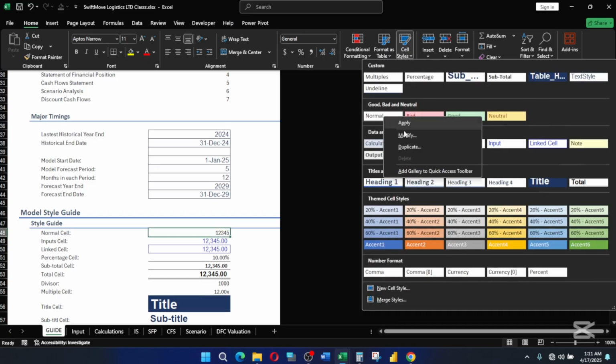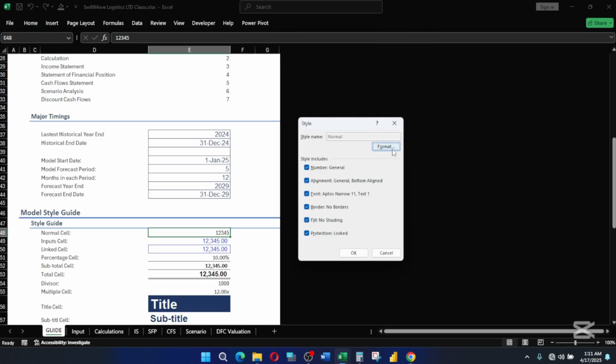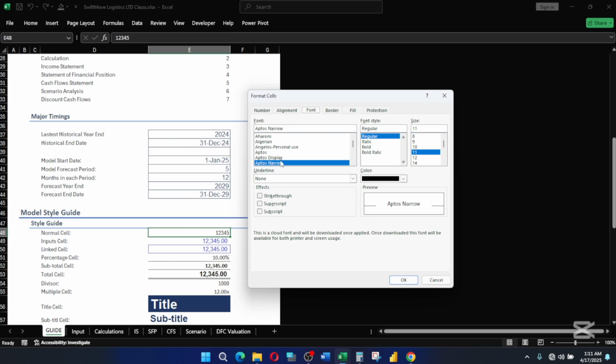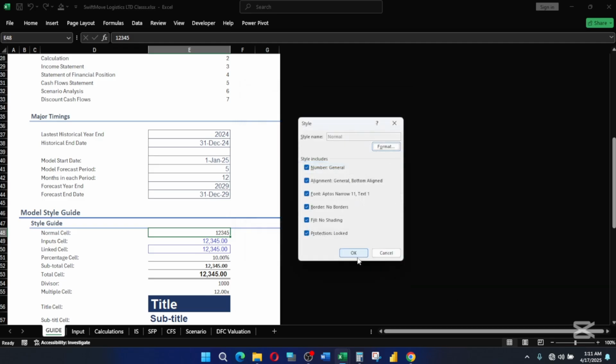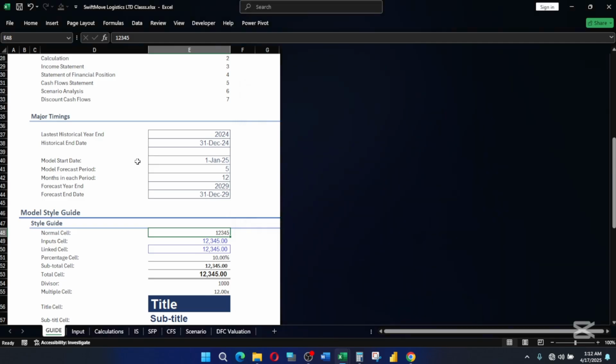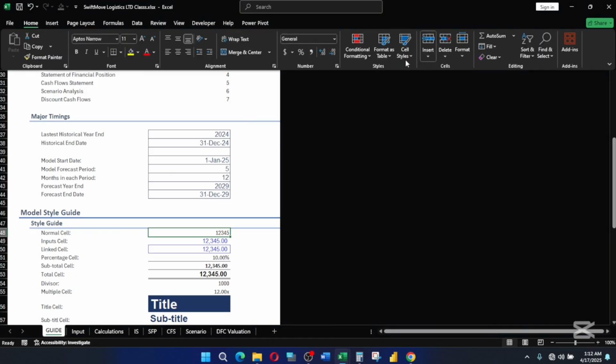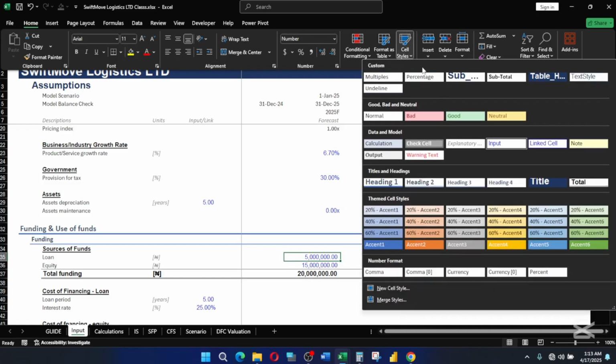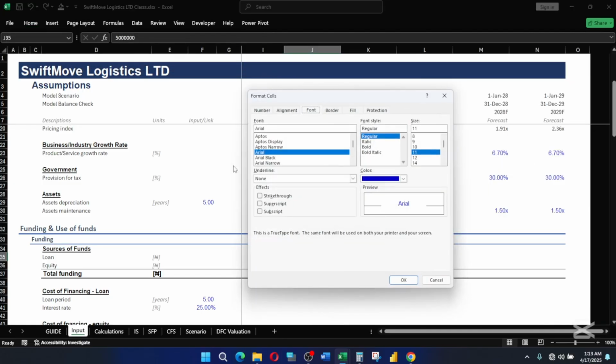It's normal. Says modify font. This is what I want now. So that means I will have to do that on all the formats, the styles. Let me just do that quickly. Okay, let's go ahead and see input, modify.